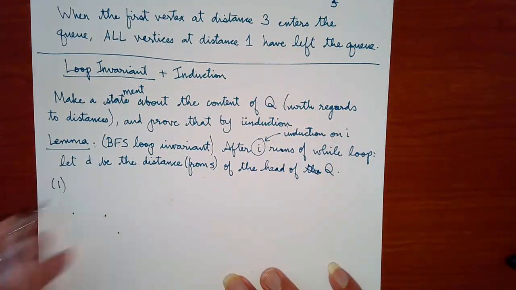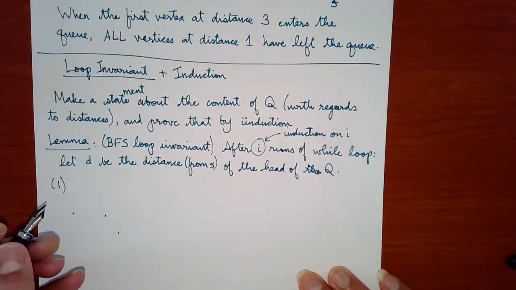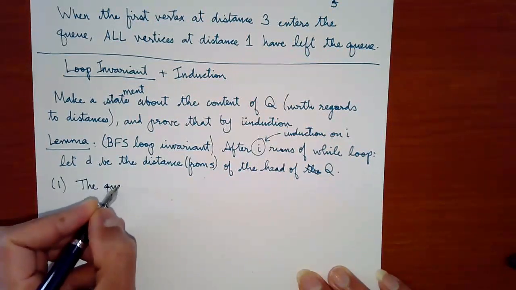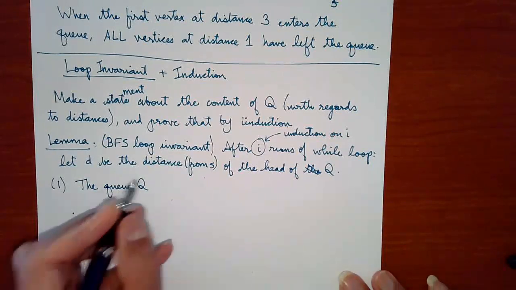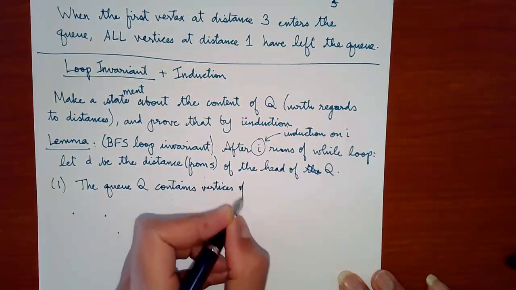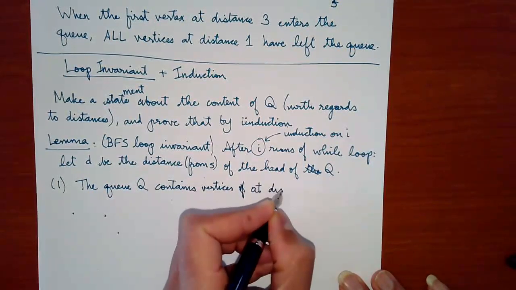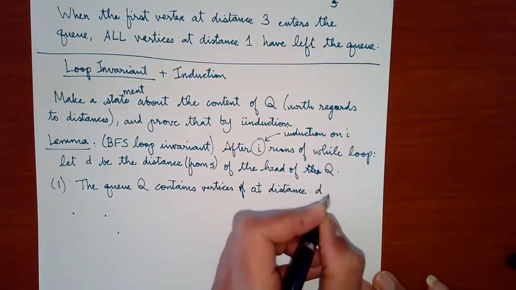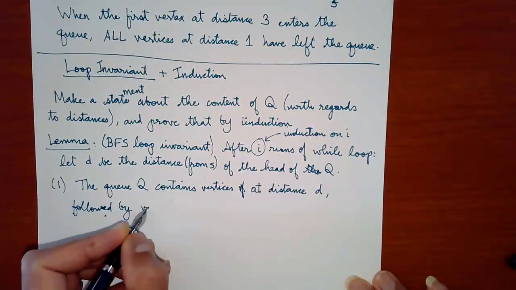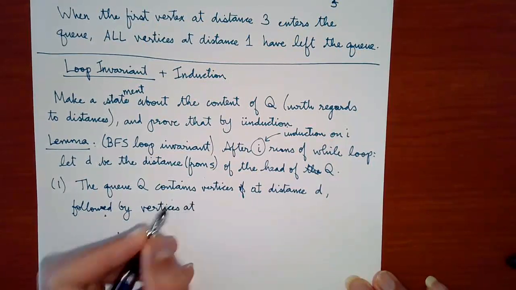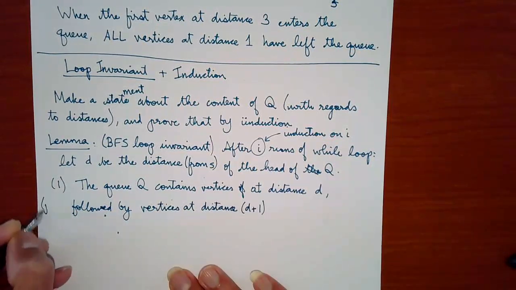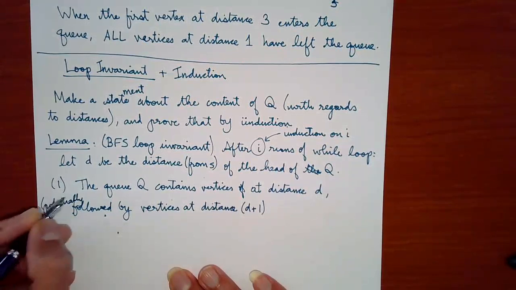So I'm going to state a bunch of things here. I'm going to say the queue contains vertices at distance d followed by vertices at distance d plus 1, potentially.